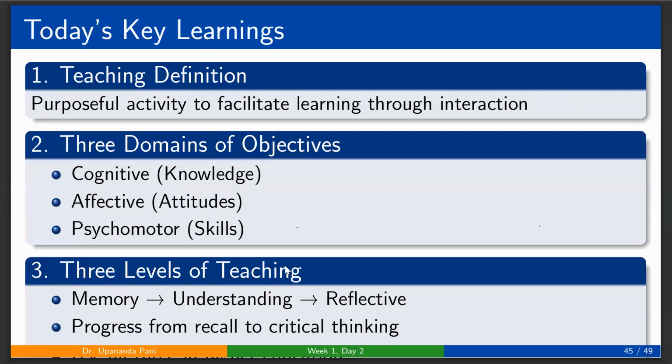Now, what we have learned today is basically the teaching definition. Already we have discussed that teaching is a purposeful activity to facilitate learning through interaction. There are three domains of objectives: cognitive, that is knowledge; affective, that is attitude; and psychomotor, that is skills.